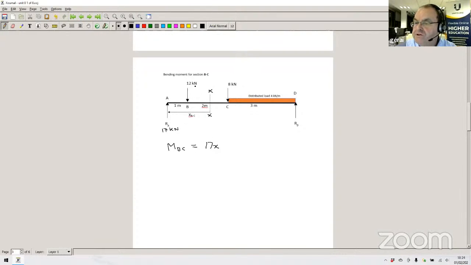But we also have the 12 kilonewtons acting anti-clockwise, so minus 12, acting at a distance X minus 1 meter to get back to point B. So it's X minus 1. Tidying that up, it becomes 5x plus 12.